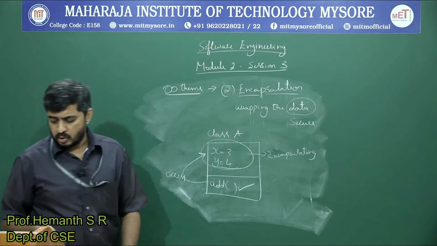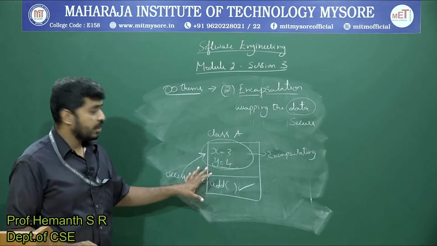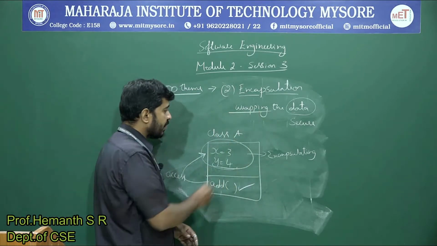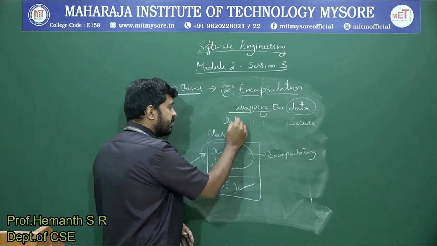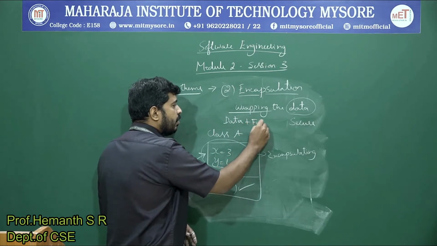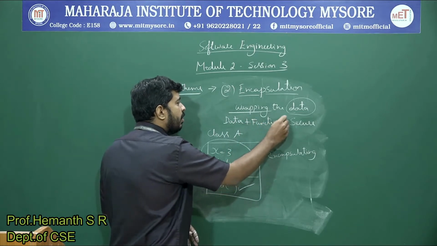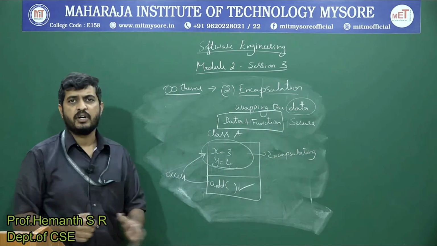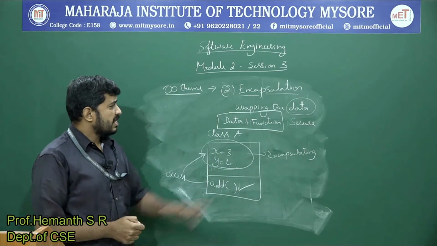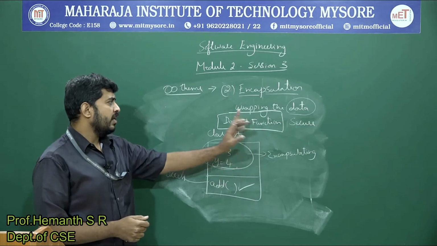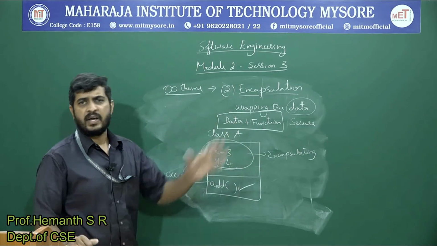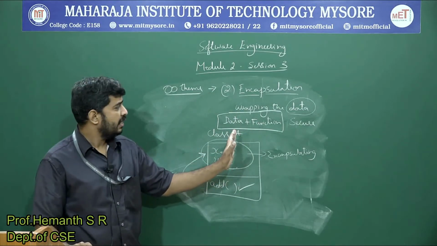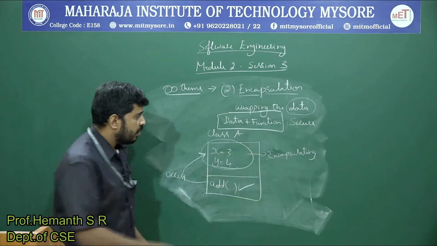Encapsulation ensures wrapping takes place in such a way that data with function is wrapped in a secure way. The function can access the data only within this specified secure area, process it, manipulate it, then return the results back to the calling point.